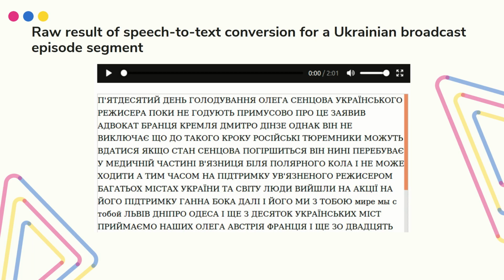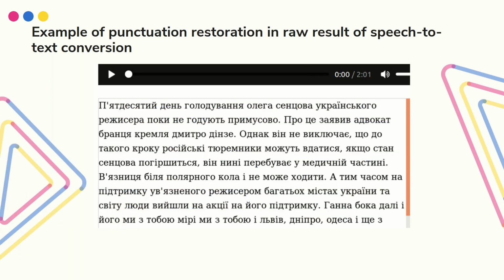Here is an example of raw text obtained for a Ukrainian broadcast episode segment. This is just a sequence of words, and now we can see the text with some punctuation restored.